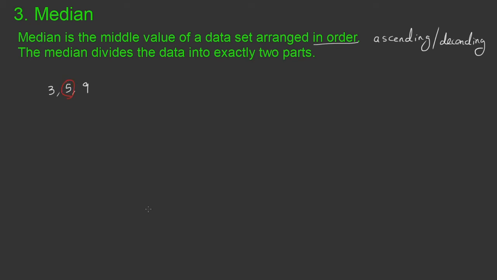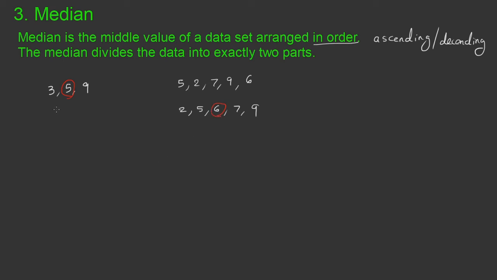If I have 5 data like 5, 2, 7, 9 and 6, they are not in order. So first I have to arrange them in ascending or descending order. I am going to arrange it in ascending order: 2, 5, 6, 7 and 9. Now the middle term is 6.